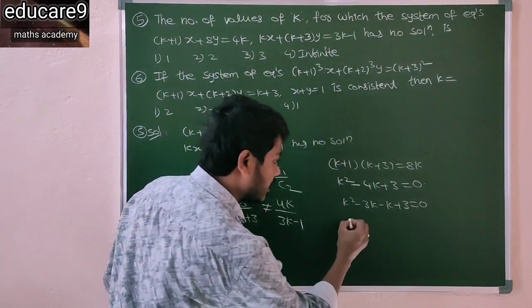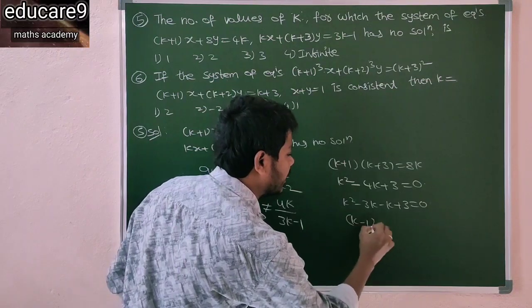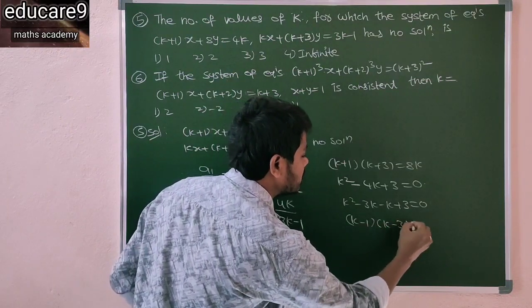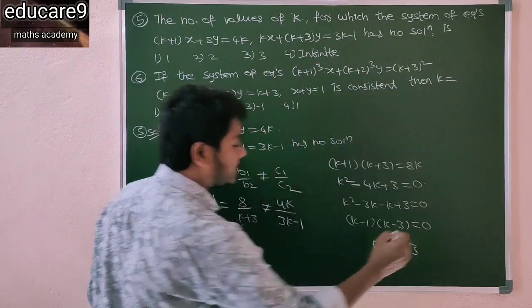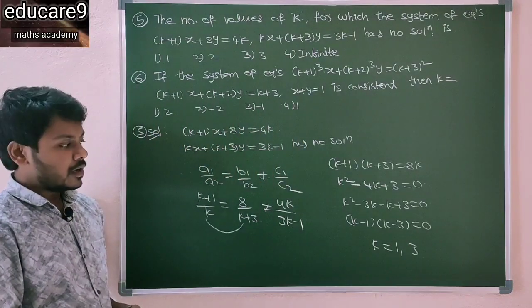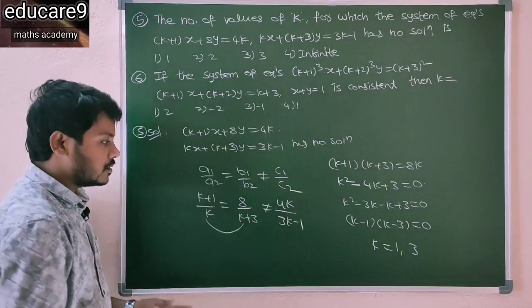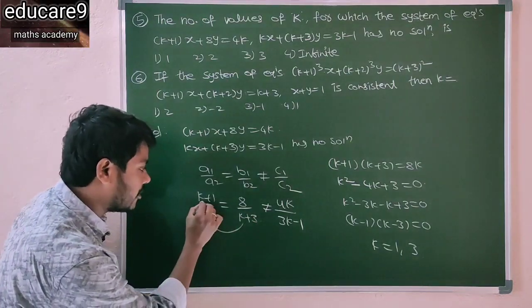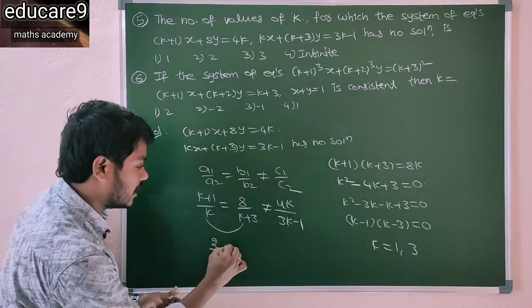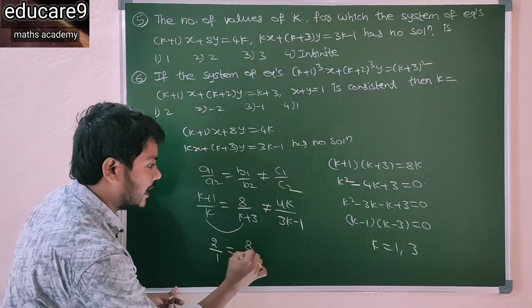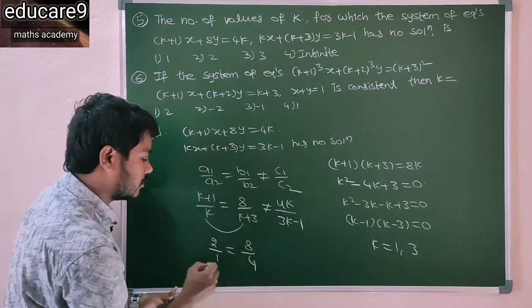So clearly (k-1)(k-3) = 0. What are the k values? 1, 3. Okay. If we substitute 1, so what you get here? (1+1)/1 = 2 equals 8/(1+3) = 2.